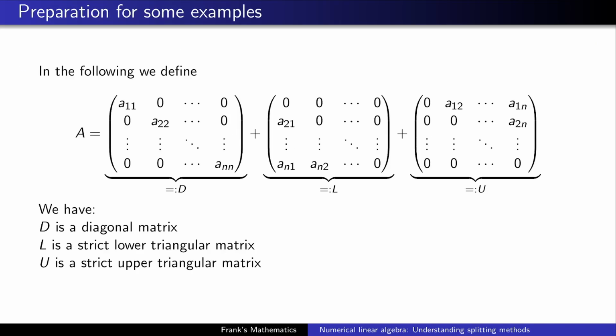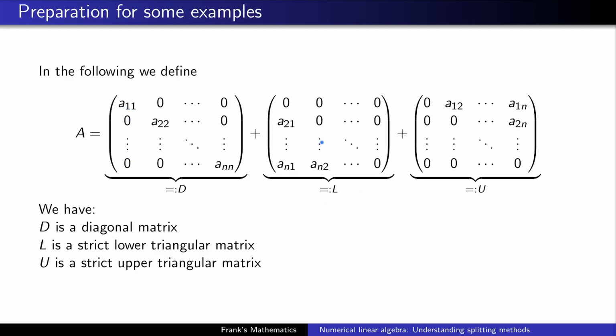For the derivation of the examples, it's very useful to have the following splitting of the matrix A. So we split A into three different parts. The first part is called the matrix D. This is just the matrix containing all the diagonal elements. So D is just a diagonal matrix. L is a strict lower triangular matrix.